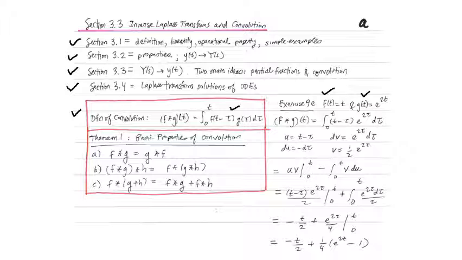So here we go. The first thing I do is plug into the definition in the orange box on the left. If f of t is t, then f of t minus tau is t minus tau. If g of t is e to the 2t, then g of tau is e to the 2 tau, d tau.